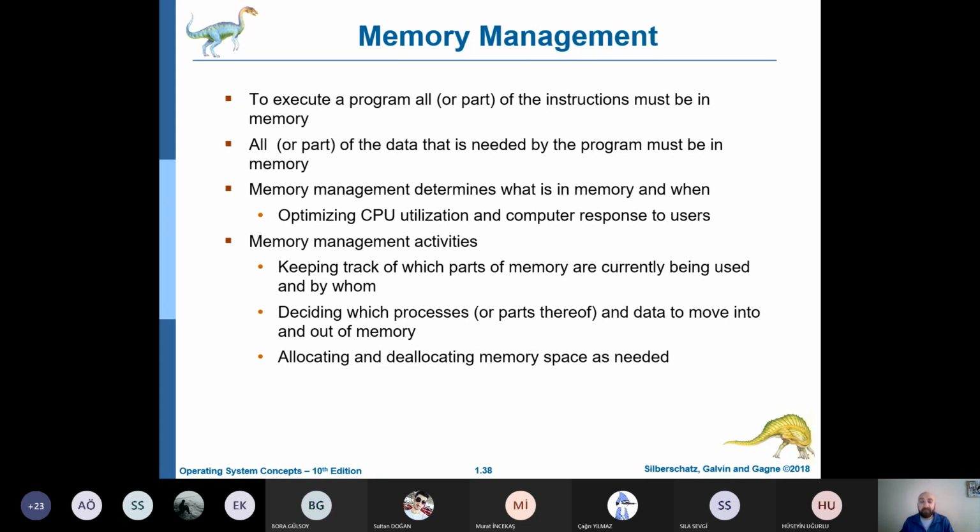The operating system is responsible for these activities in connection with memory management: keeping track of which parts of memory are currently being used and by whom, deciding which processes and data to move into and out of memory, and allocating and deallocating memory space as needed. So we are going to discuss memory management in this manner too.